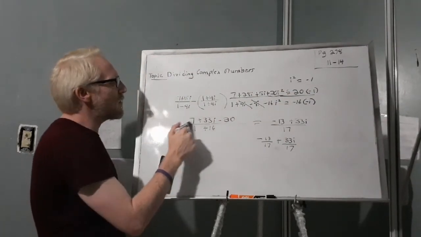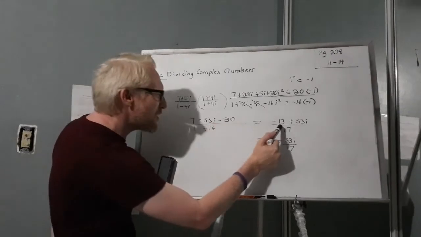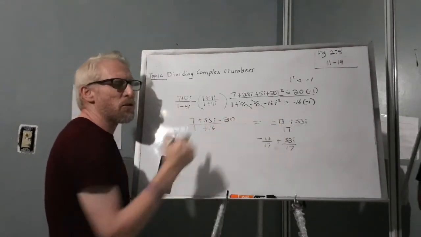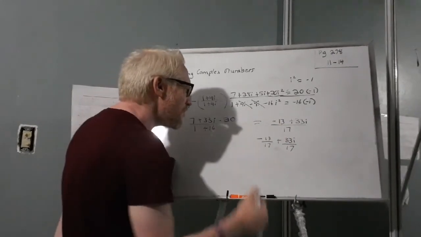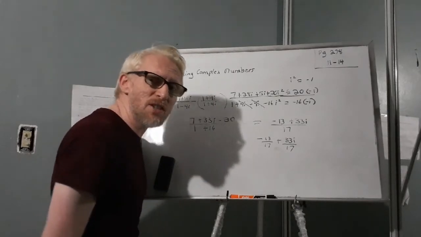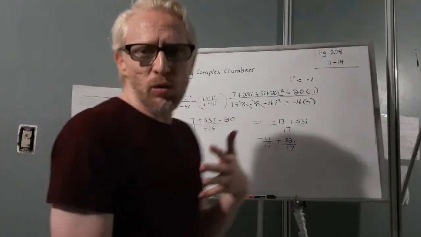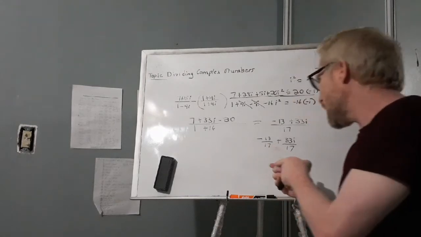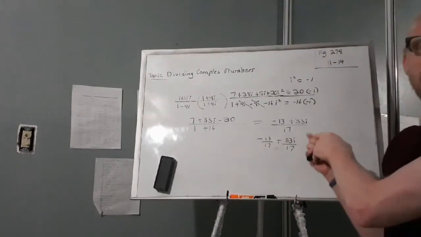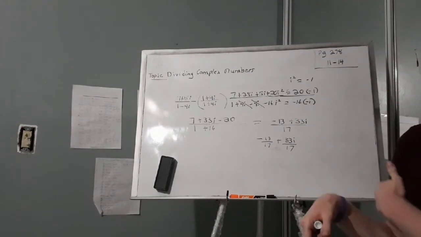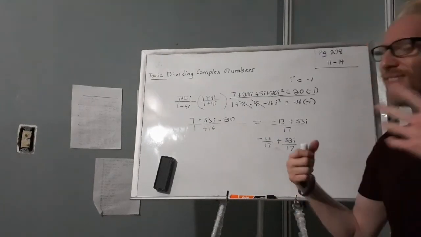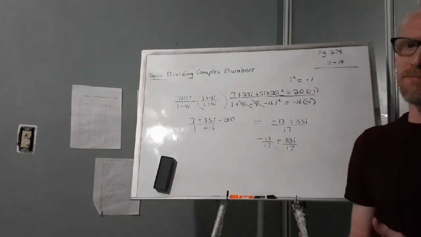Then you subtract 7 minus 20, which is negative 13. Pass over the 33i, and you have negative 13 plus 33i over 17, but you can write that as negative 13 over 17 plus 33i over 17, and since I can't simplify it, I leave it at that. And that's it. That's the example.